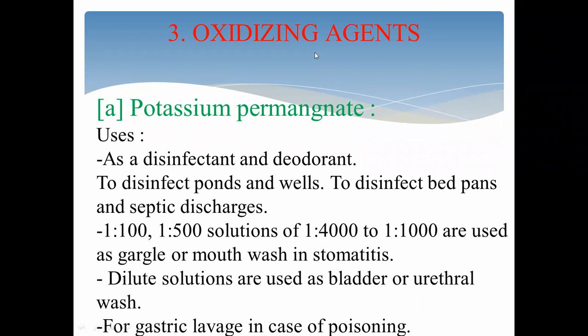Roll number 32, are you present? Are you present? Read the slide. Potassium permanganate uses, read. Sound is audible to all? Yes, ma'am. Roll number 32, read the slide.